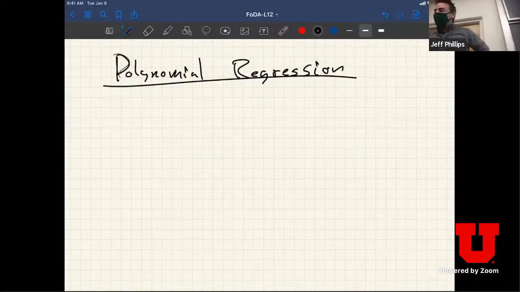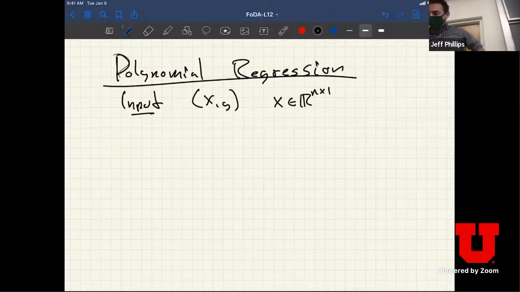Okay, the big thing to understand here is this model. I'm going to simplify the problem a little bit and say the input x is going to be in R^(n by 1), and y is going to be in R^n.